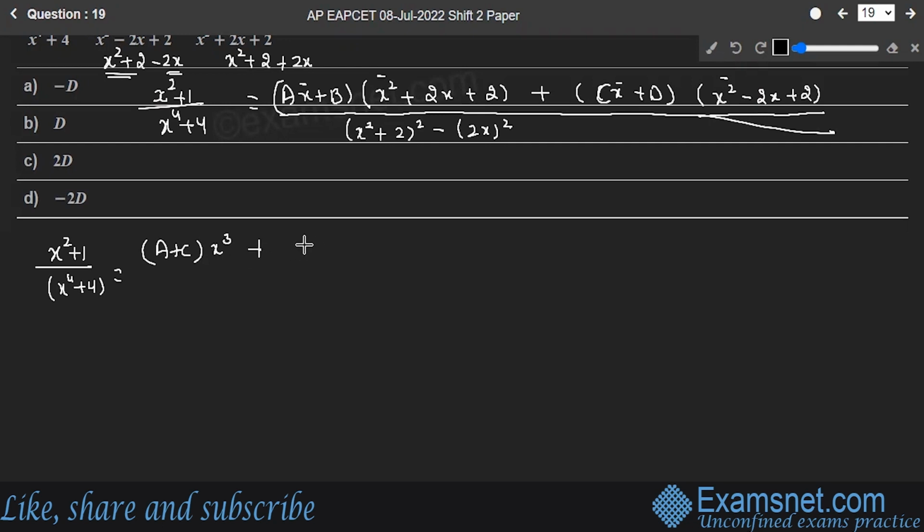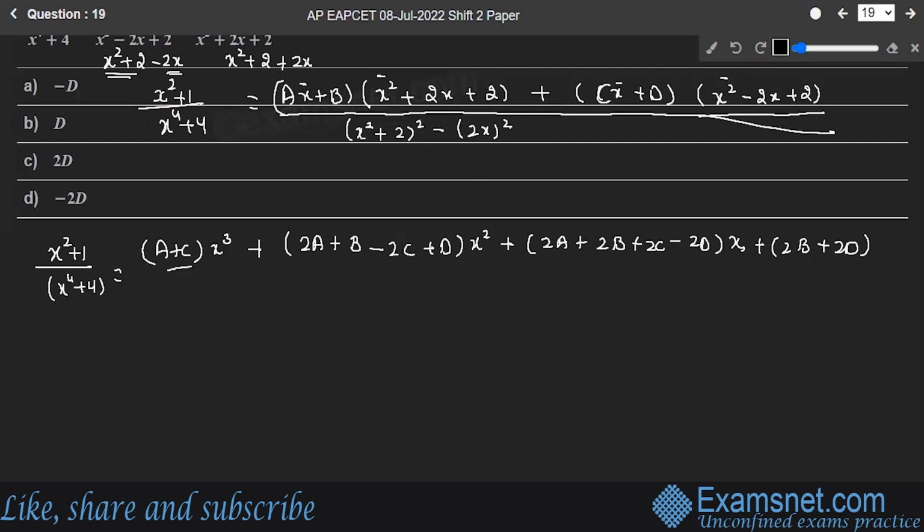Similarly, for x², we will have the coefficient 2a + b − 2c + d, then the x coefficient is 2a + 2b − 2c − 2d, plus 2b + 2d. Right?